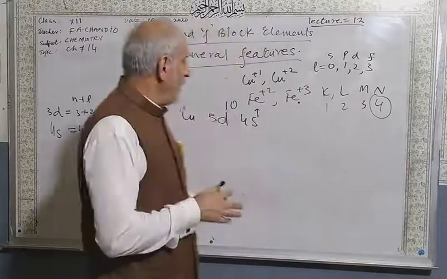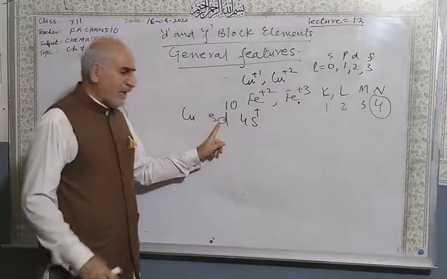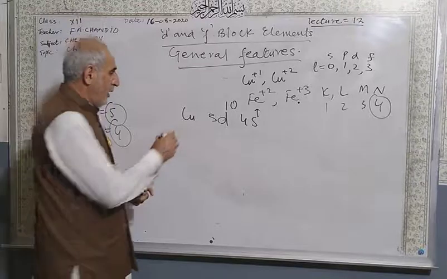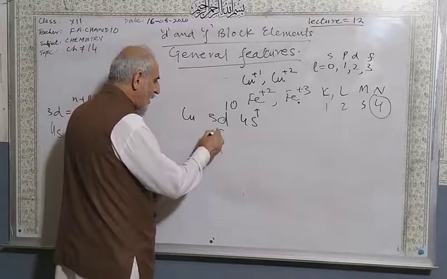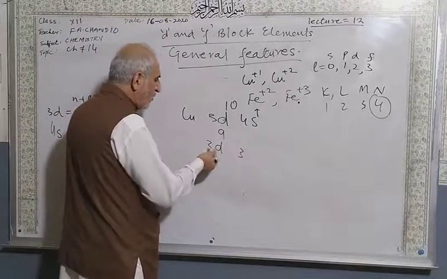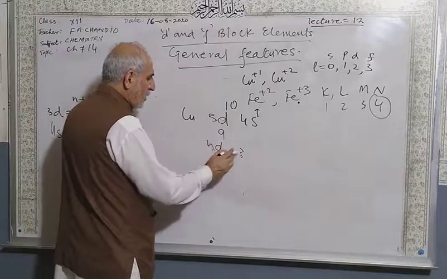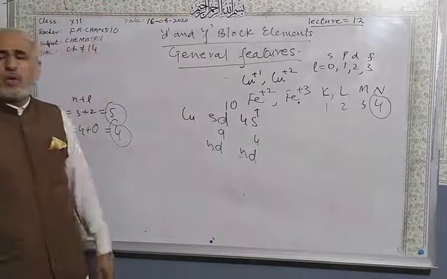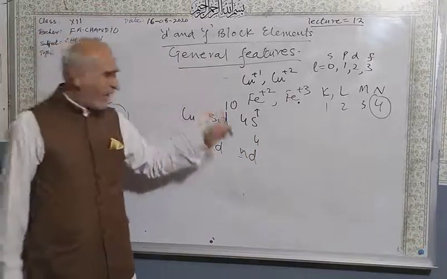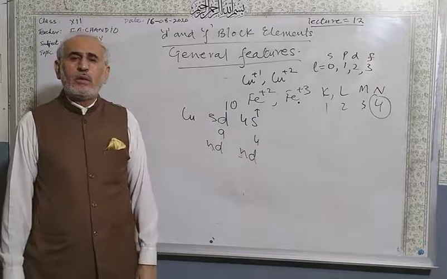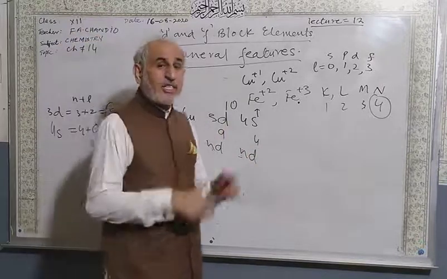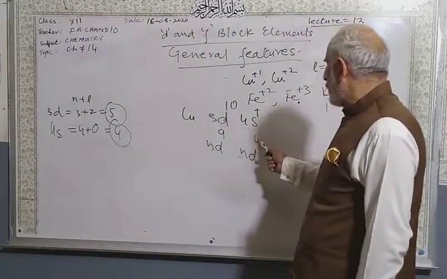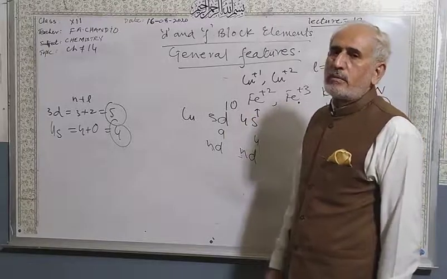According to the rule, if d is near to filled or near to half filled, meaning if there are 9, or 4, this is near to full and this is near to half filled. So according to the stability of the atom, you must remove 1 electron from the s and make it 10.